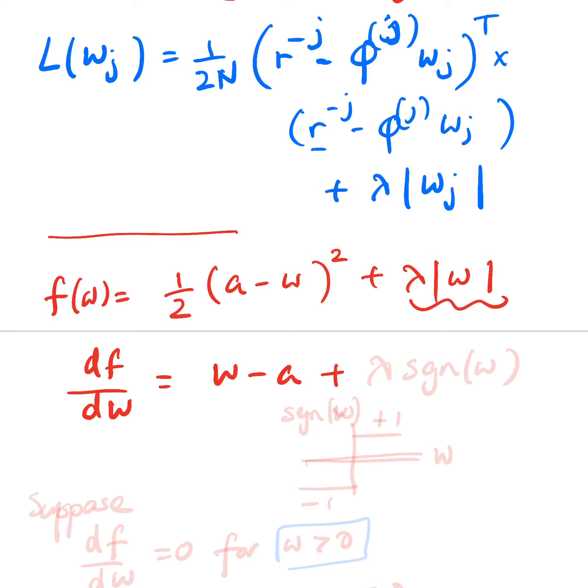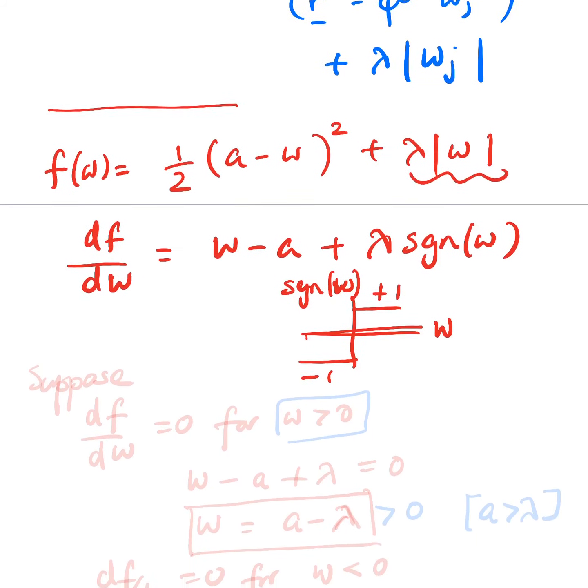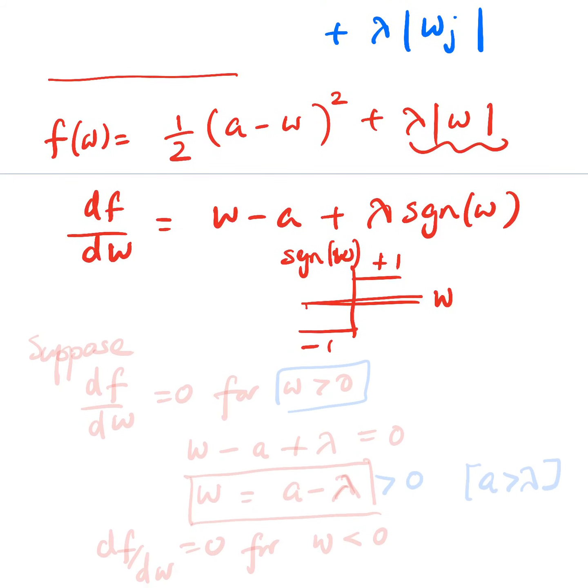So this output is lambda times the sign of w. This is a sign function which looks like this, plus 1 minus 1. I don't really need to talk about what happens for w equals 0, so we leave the sign function undefined for w equals 0. W equals 0 will be an important point, but we'll come to it in a minute. The sign function is defined for w bigger than 0 or w less than 0.